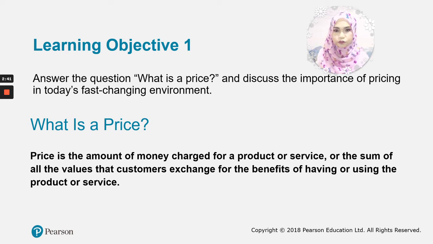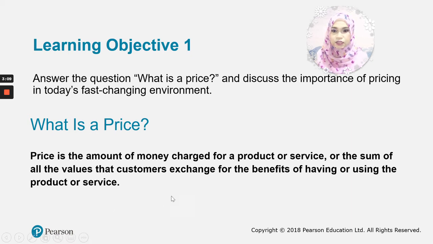We talk about iPhone 12, for example. I'm not so sure yet how much the price will be for the Malaysian iPhone 12, but let's say it costs you about 5,000. So 5,000 ringgit is the price for you to acquire the iPhone. But the actual value to some people should be less than that, or could be worth it for you to spend your 5,000 ringgit to buy the iPhone 12.